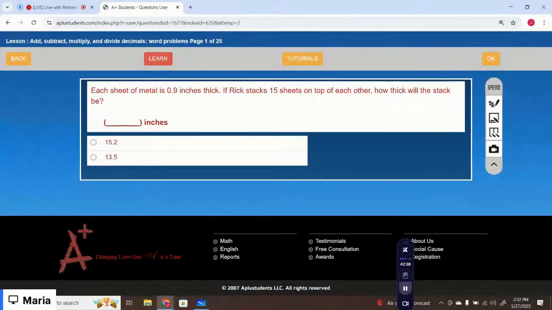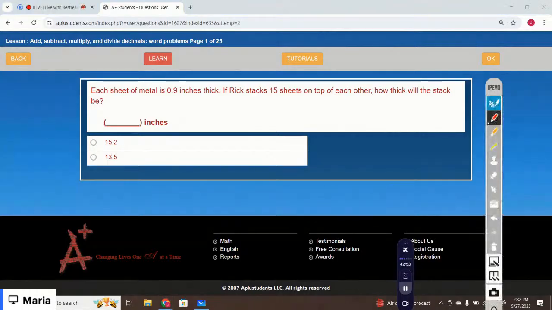Each sheet of metal is 0.9 inches thick. If it stacks 15 sheets on top of each other, how thick will the stack be? So you need to multiply 0.9 times 15.